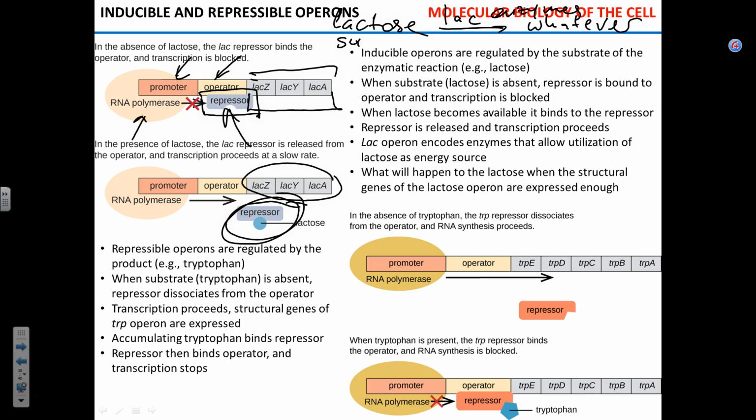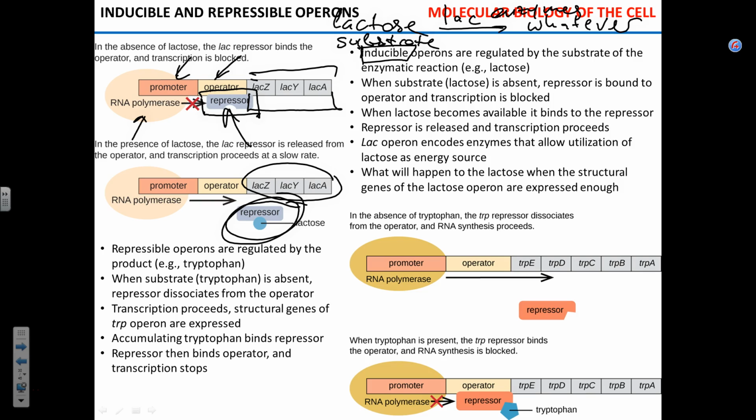So in this case, the substrate of enzymatic reaction induces the operon. Does that make sense? That's why lactose operon is called inducible.